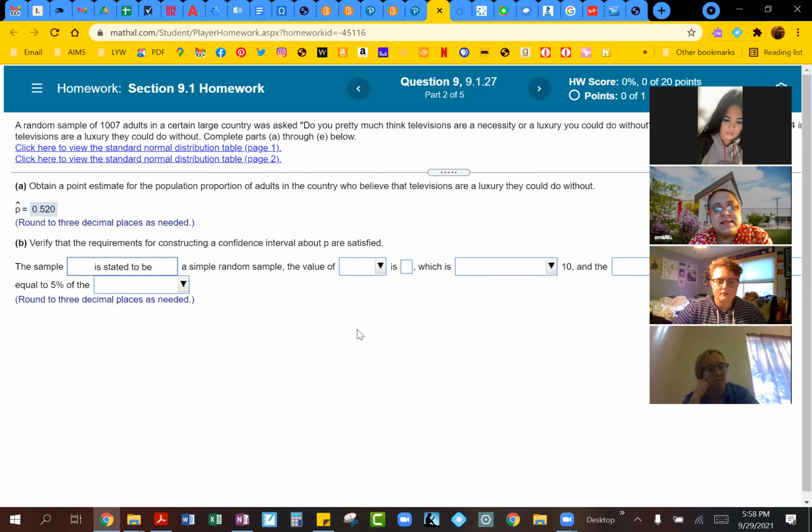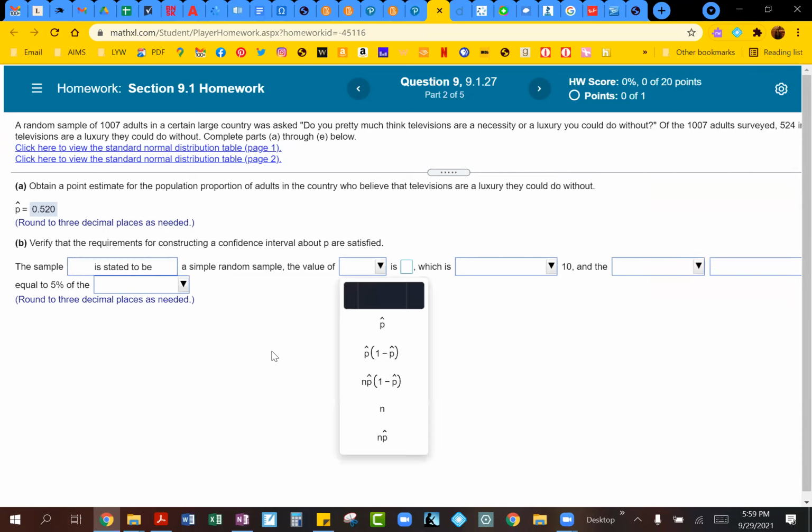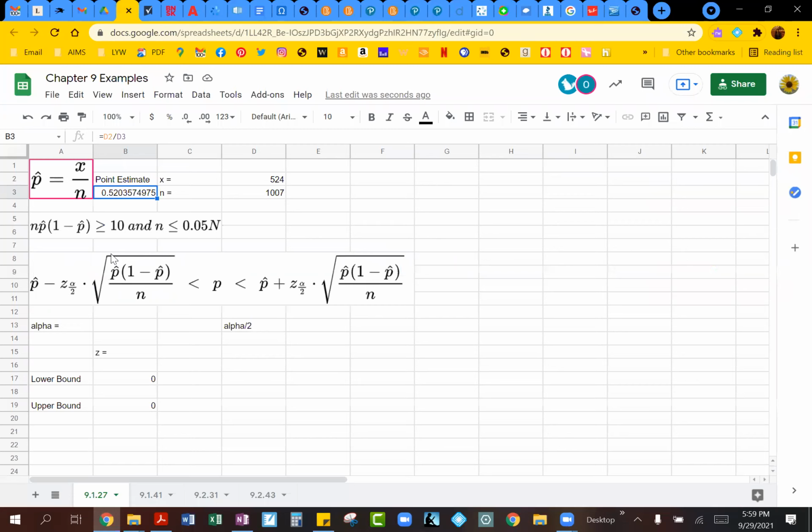Now, some of the things that you have to do when you are doing these type of calculations is basically figure out, and I think that's the second part of our worksheet over here, is write this little guy over here. So the idea is you take the n value, which is our 1,007, the point estimate, which we just calculated, which was 0.520, and then you multiply that with 1 minus the point estimate value.